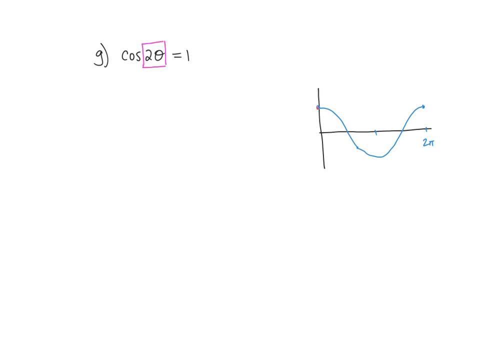So one cycle of cos would only take me a pi rotation. So to go from 0 to 2 pi, I would be able to fit in 2 cycles of cos. So that's something that I want you to think about there, okay?